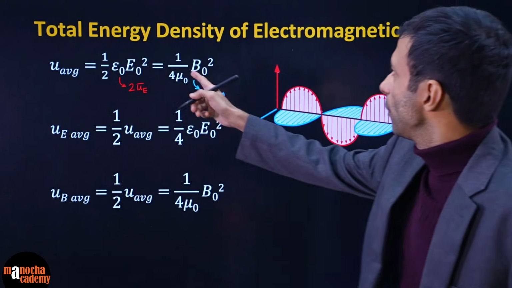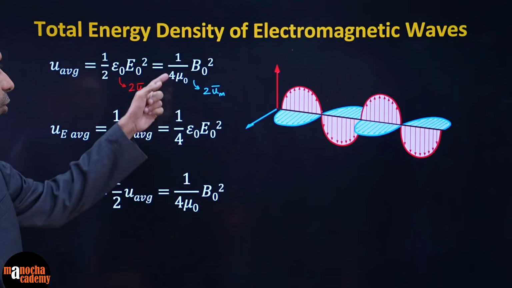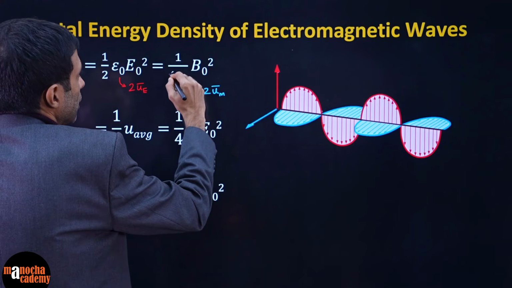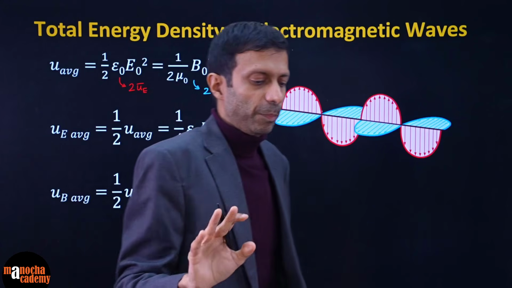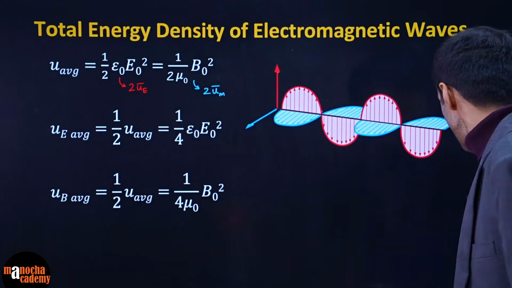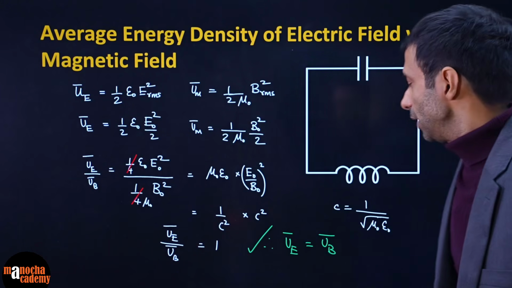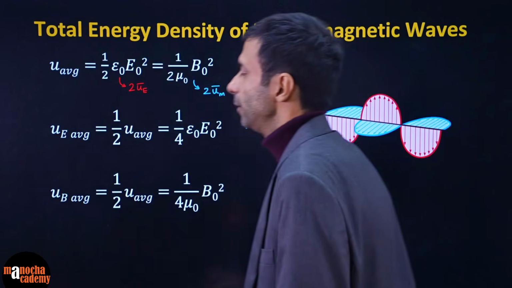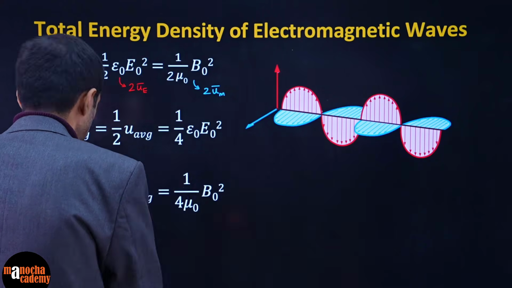So here I think we have a mistake. This should be 2, because here the pure magnetic is 1/4. There is a typing mistake here, which is why I got confused earlier. What I am saying is simple: if you want the total energy, you take the average of the electric plus the magnetic. Think of it this way, very easy.